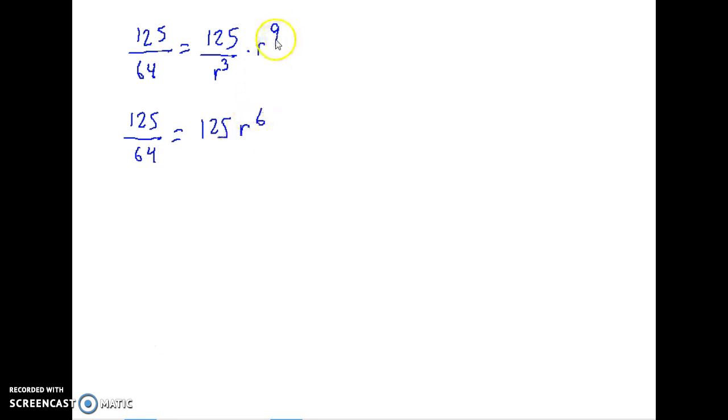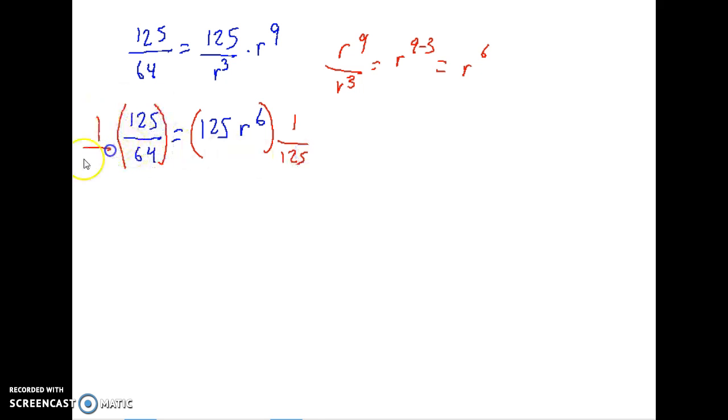Using my exponent rules, r to the 9 over r cubed is r to the 9 minus 3, which gives us r to the power of 6. Over here, instead of dividing, because then I'd have a giant fraction, I'm going to multiply this side by 1 over 125, and do the same thing over here. Everything cancels out, and 1 over 64 is equal to r to the power of 6.